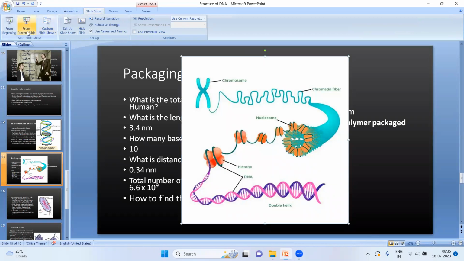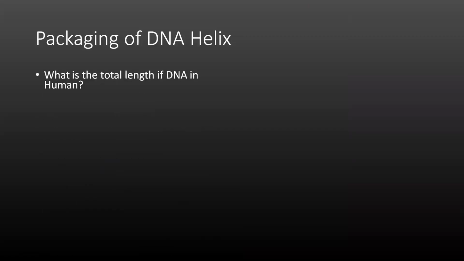Okay, now let's go to the next part: packaging of the DNA helix. What is the total length of DNA in a human? What is the length of a helix? The helix is 34 Angstrom or 3.4 nanometer.